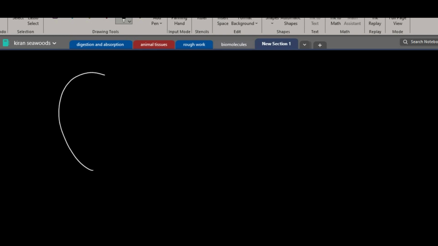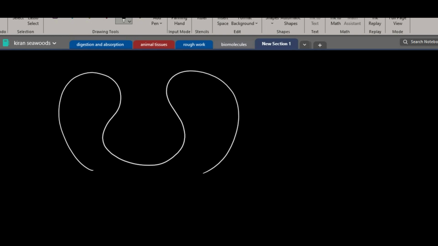That is, if you see at the Bowman's capsule, what you will find is there are two layers. The inner one is formed of special cells. They look something like this.